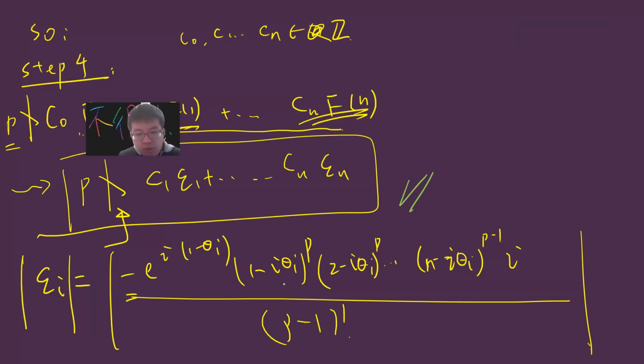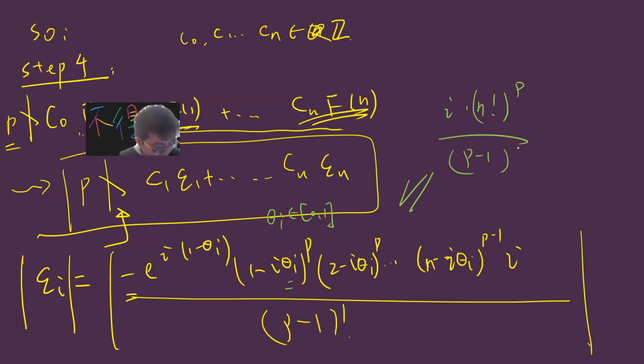So this guy is bounded by what? Theta i is between 0 and 1, right? So now I can bound this by n factorial, so I get i and n factorial to the power p over p minus 1 factorial, and the exponential i.